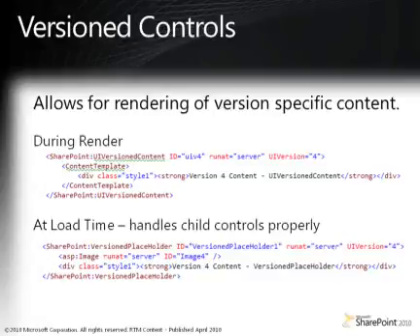With 2010, there are new controls available which can be used to differentiate rendering options depending on your user experience mode. You can use the UI versioned content control to differentiate HTML to be rendered. If you need to include functionalities depending on a UI version, you can use the version placeholder control, which supports adding child controls to it.